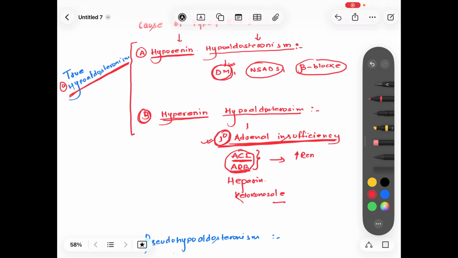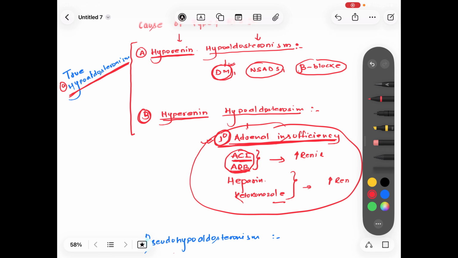Renin is high. And ketoconazole and heparin also. They block the enzyme of the RAS pathway. Because of that there is an increase in renin. So in all four causes renin is high, but aldosterone is low. So these are the causes of true hypoaldosteronism.